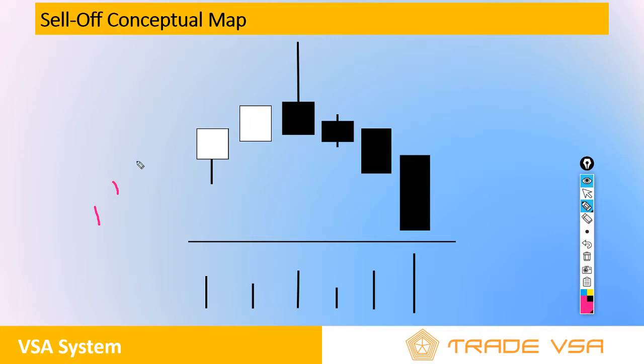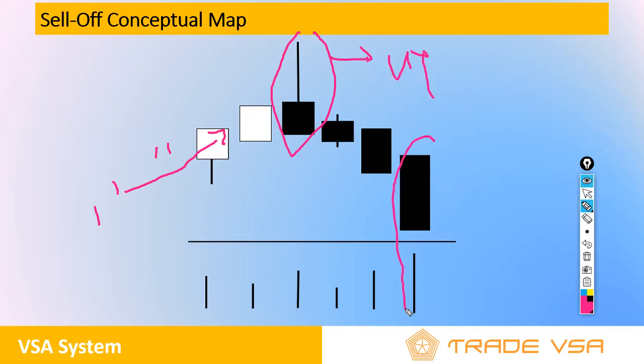This is the background, markup, and then we will see an upthrust here. Upthrust followed by a sell-off with high volume.